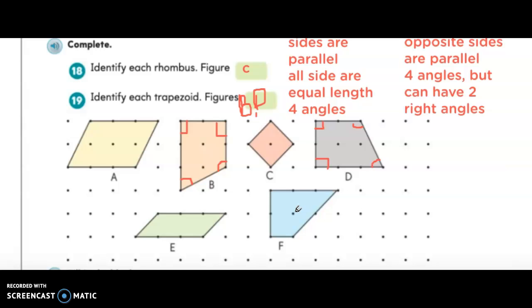Then if we look at figure E, these sets are parallel and these are also parallel. So this has two sets of parallel lines, so it does not work. Now figure F, these are not parallel, but these are, so that's good. And then this comes together to make that L-shaped corner, so this is considered a right angle, and then a regular angle. So figure F also is a trapezoid.